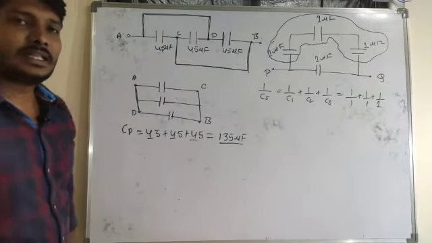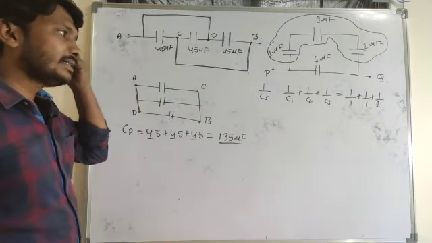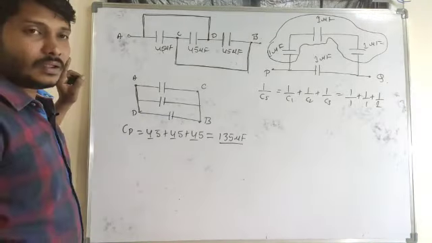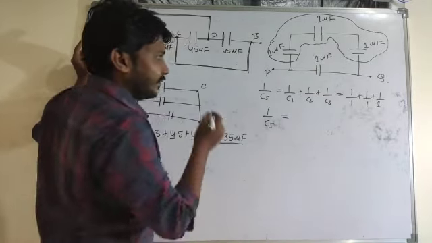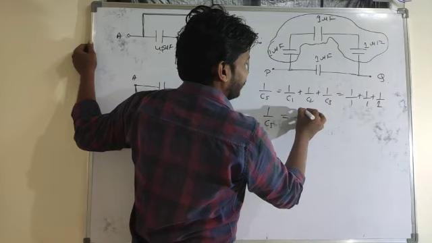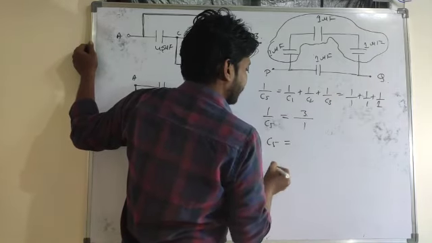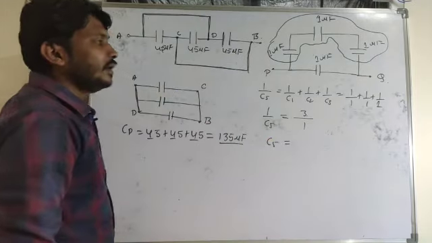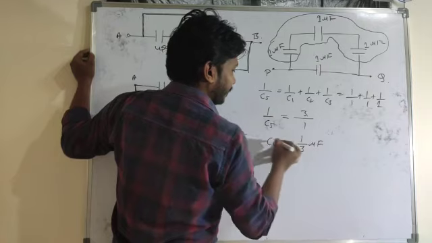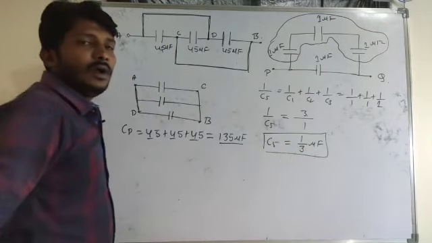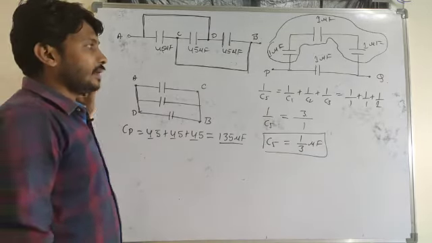That gives 1 by C of S is equal to 3, or C of S is equal to 1 by 3 microfarad.